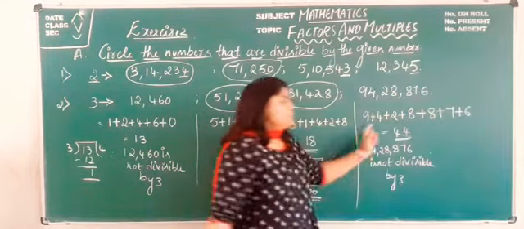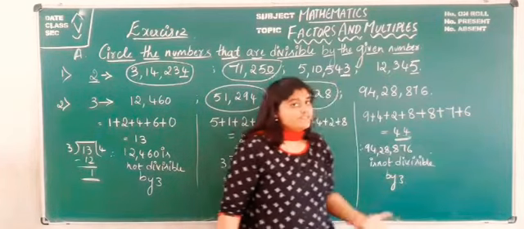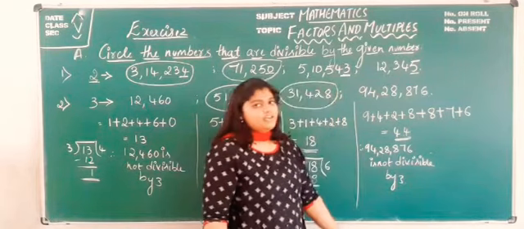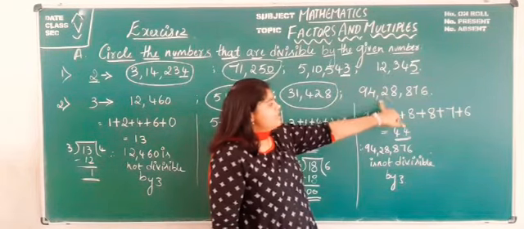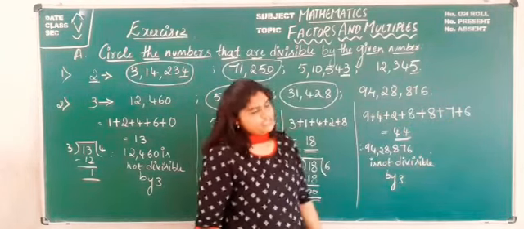The sum of all the digits was 44, and we saw that 44 is not divisible by 3. Therefore, we can say that 94,28,876 is not divisible by 3.